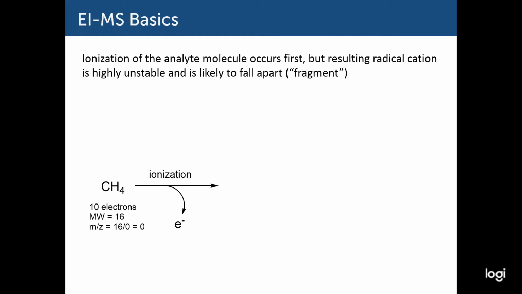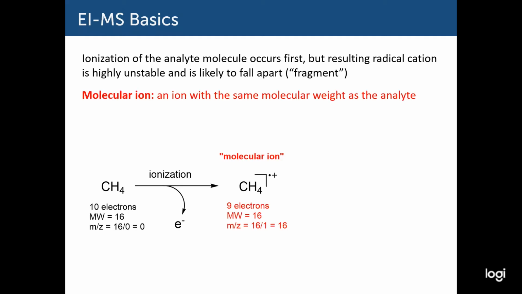So let's do our electron pool game, and we'll knock out one electron to make a radical cation of methane. We don't really know where the electron came out. We're going to depict CH4 as a structure. One of the bonds contains only one electron, so we write this bracket notation and then a dot and a plus to indicate a radical cation. So this is what's called the molecular ion, because we have all of the same atoms from our substrate, but we just lost an electron.